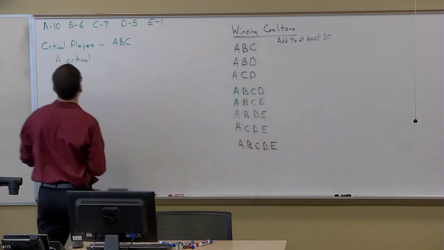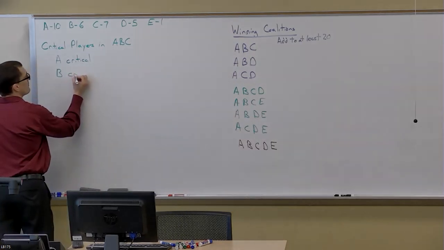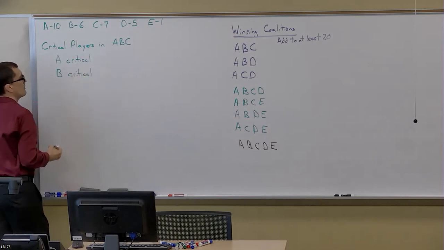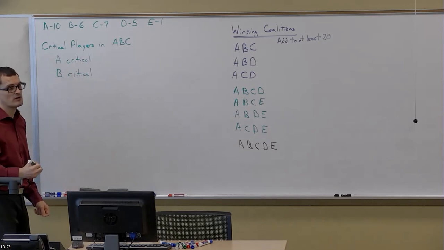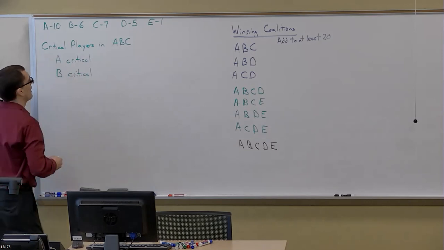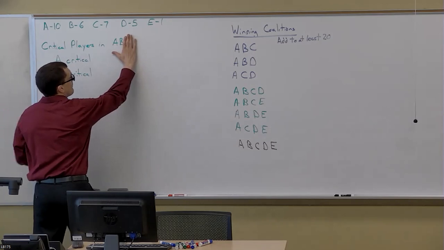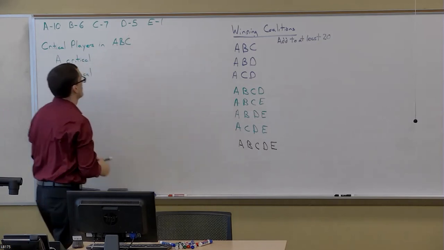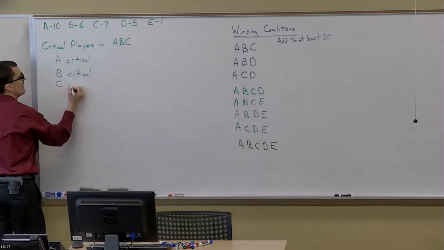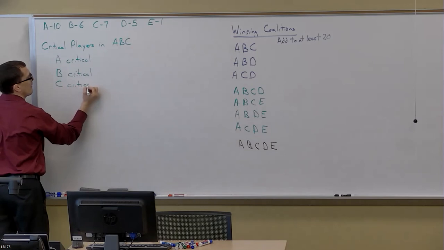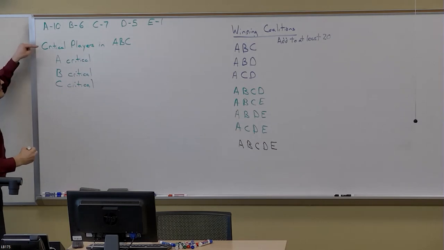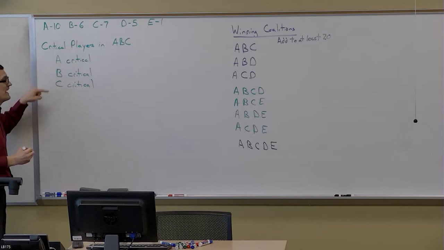No. So B is critical because if B drops out, the coalition is no longer a winning coalition. If C drops out, AB is not listed out in my winning coalitions, so C is also critical. All right. So in the coalition ABC, A, B, and C are all critical.